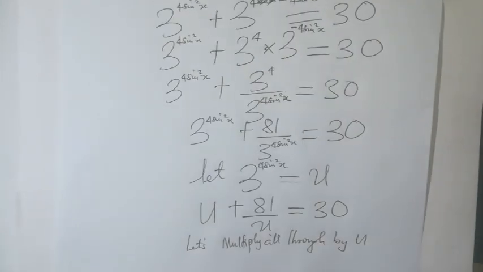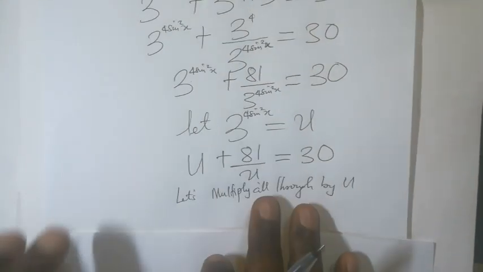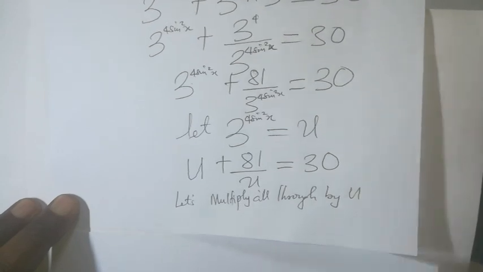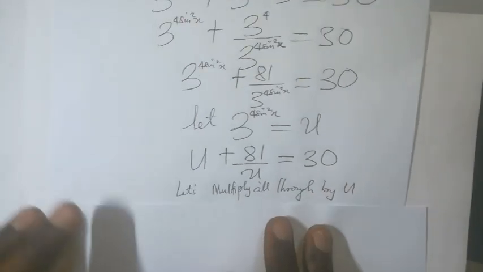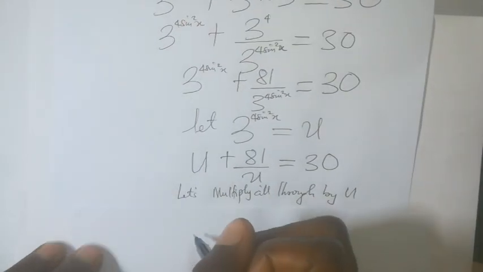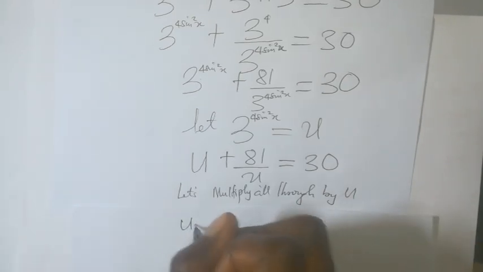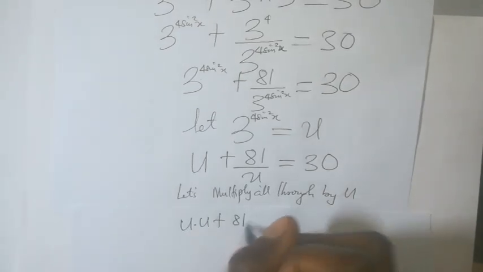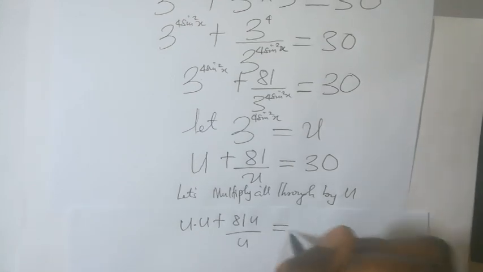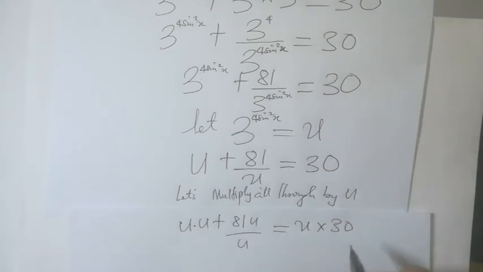So in that case, we are going to have u dot u plus what? 81u all over u is equal to u times what? 30.